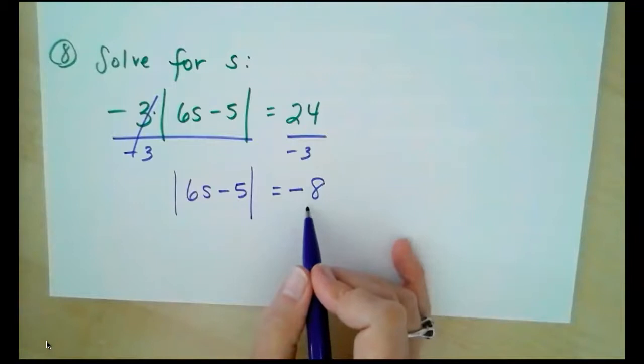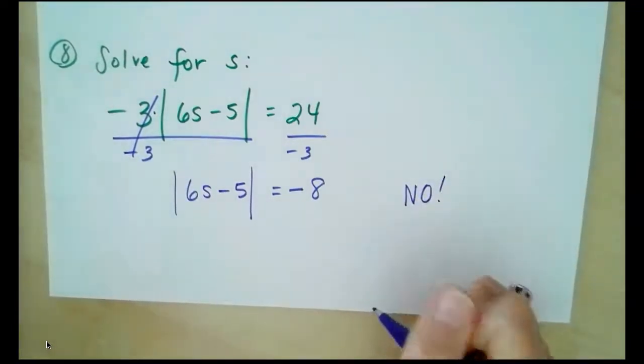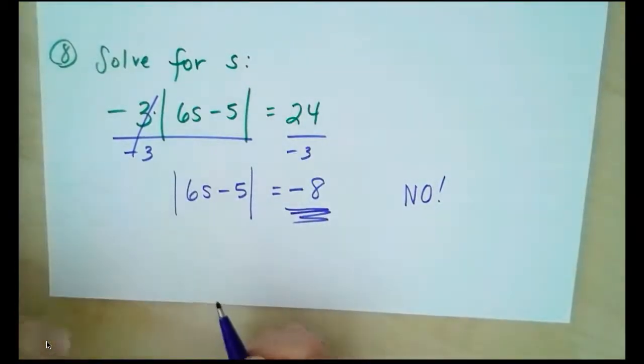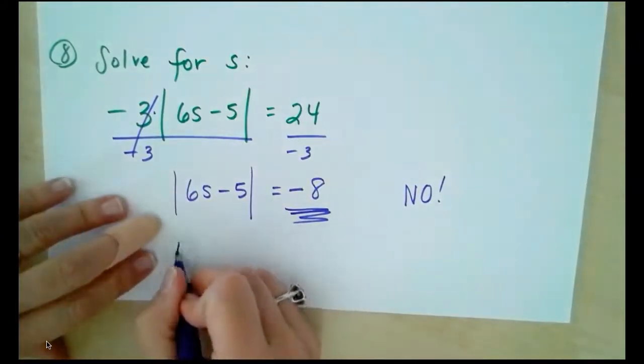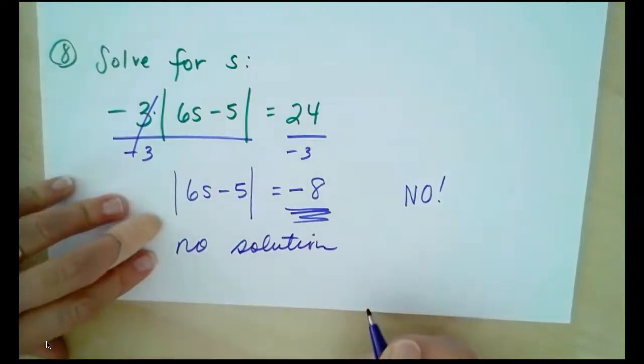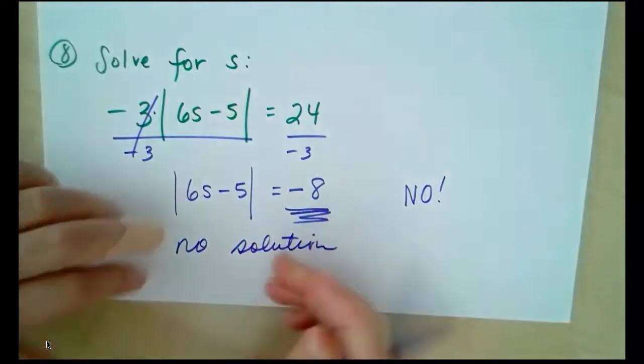Will it ever equal a -8? No. So absolute value can never be equal to a negative number by definition. Therefore, there is no solution to this problem. By definition, an absolute value can never be negative.